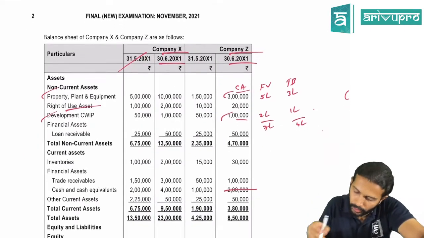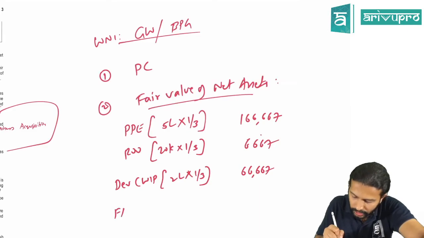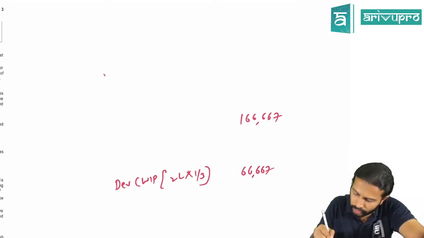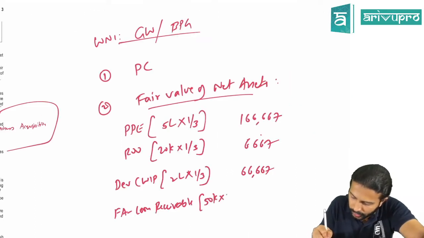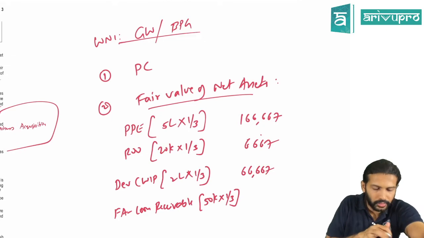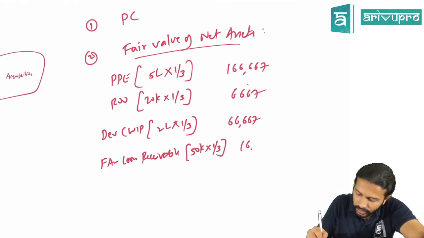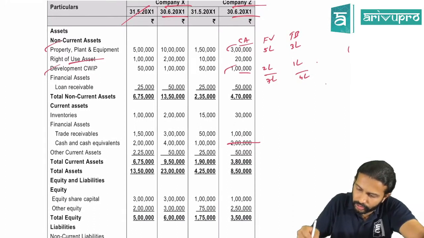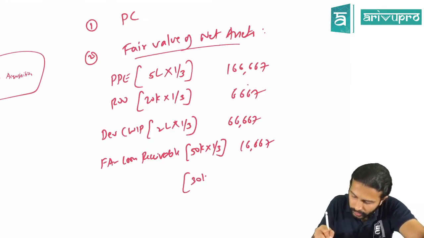And then loan receivable, a financial asset, that is 50,000. 50,000 into 1/3 will be 16,667.